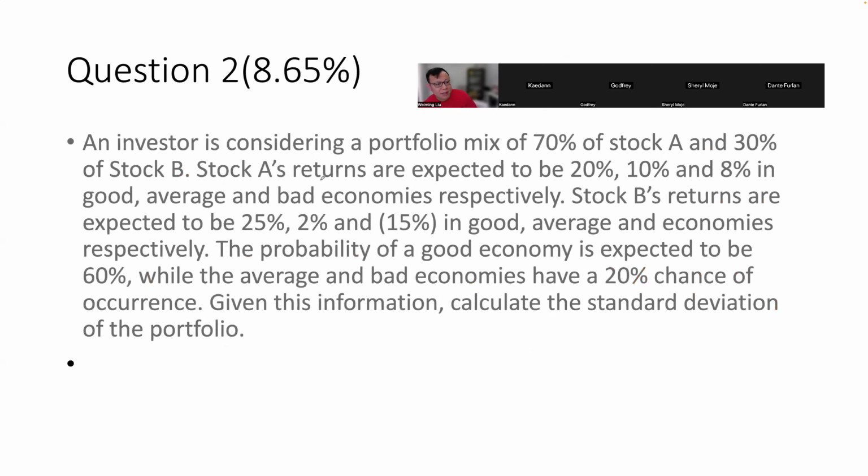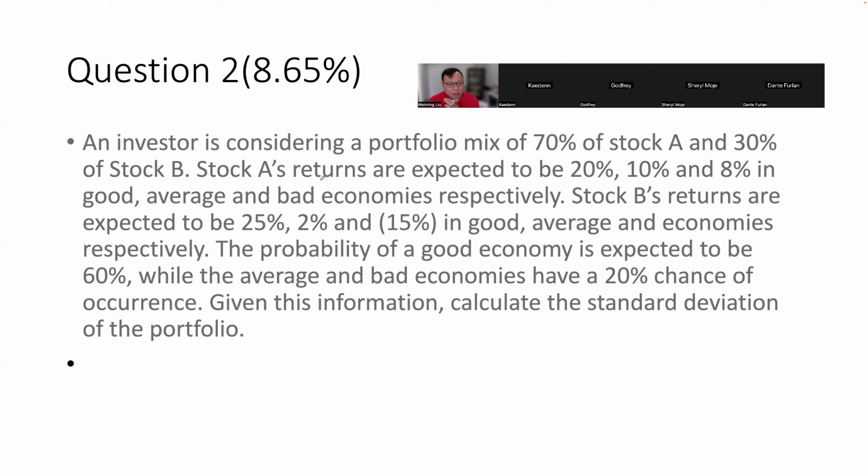Okay, now let's consider an investor is considering a portfolio mix of 70% of stock A and 30% of stock B. Stock A's returns are expected to be 20%, 10%, 8% in good, average, and bad economy, respectively.